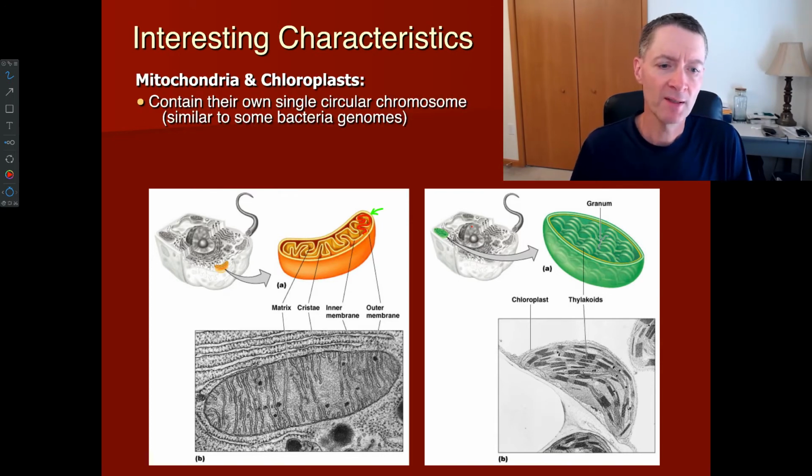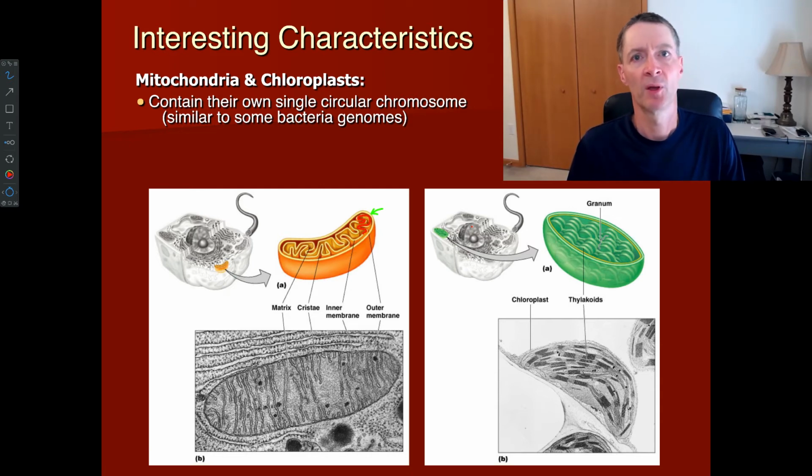Now, when we look inside of these cells, we also see that there are single circular chromosomes. Now, this sounds familiar, right? We see single circular chromosomes within prokaryotes, and yet these are subcellular compartments in a eukaryote, right?